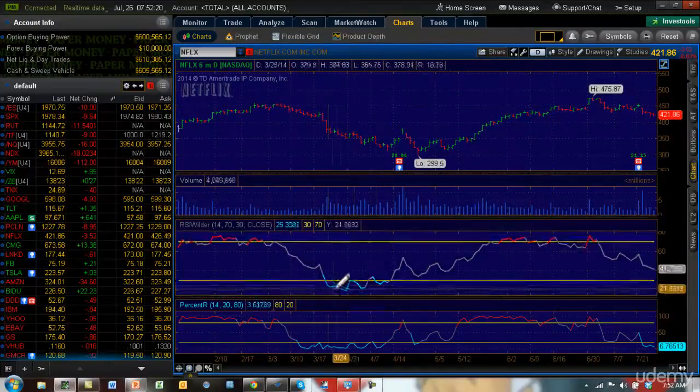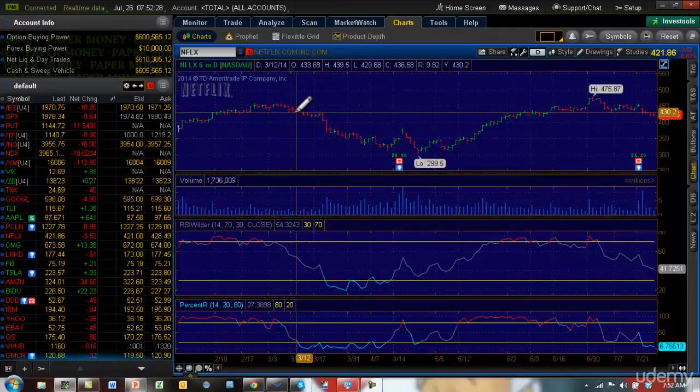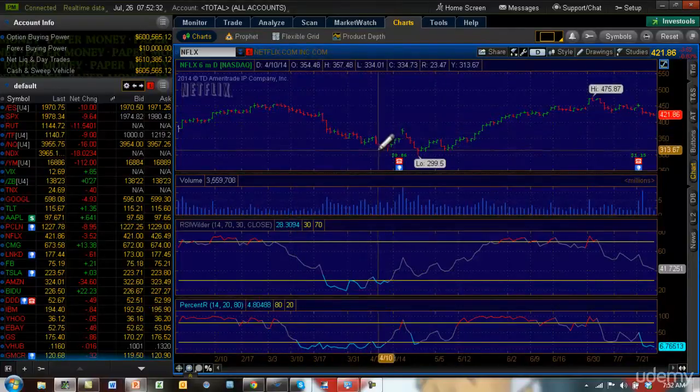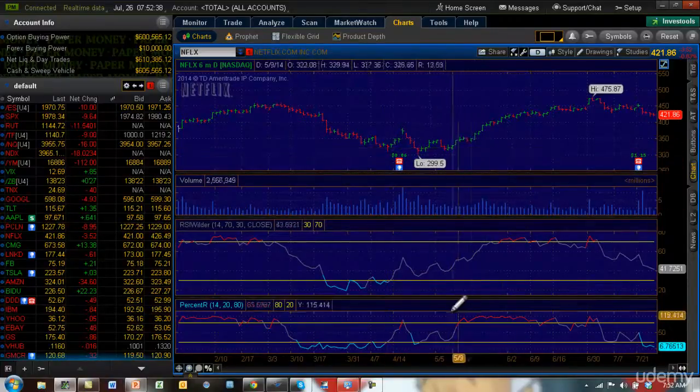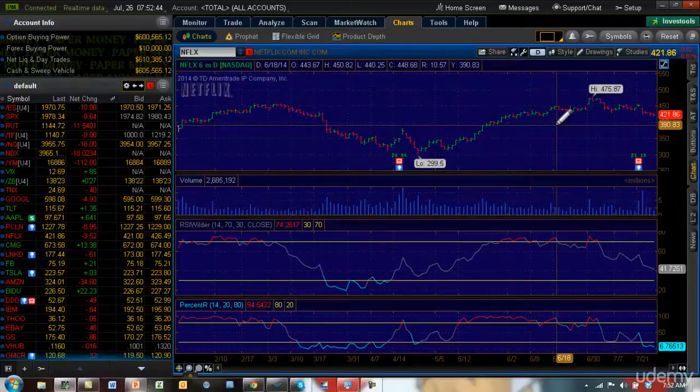Whereas when you look at RSI, you're looking at it as a reversal signal. Whereas in the percent R, it could be a trigger because it gives you an earlier indication that the stock is entering into a bearish mode, and all the way till here it does a pretty good job. Similarly, from here it picks up the bullish signal and it goes all the way till, let's say, here.